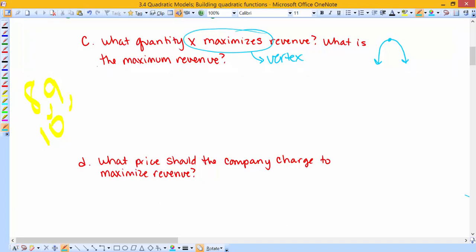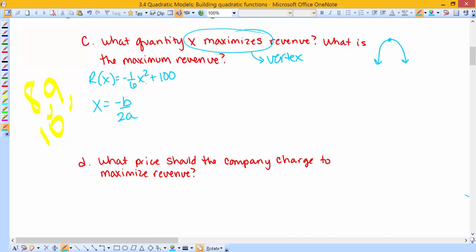So when it says what quantity X, we need to remember X equals negative B over 2A. Well, if I remember my formula, or my equation for the revenue, let me move this down here. My revenue equation was negative 1/6 x squared plus 100 x.